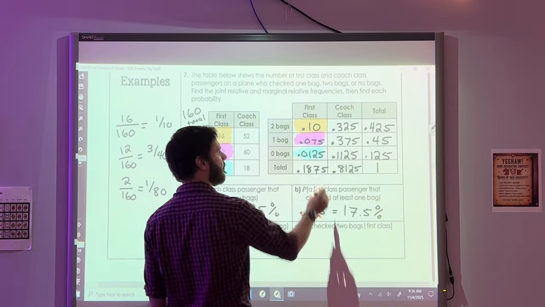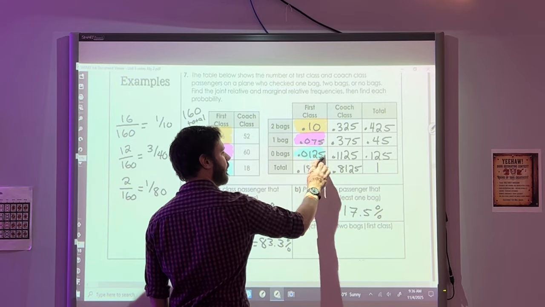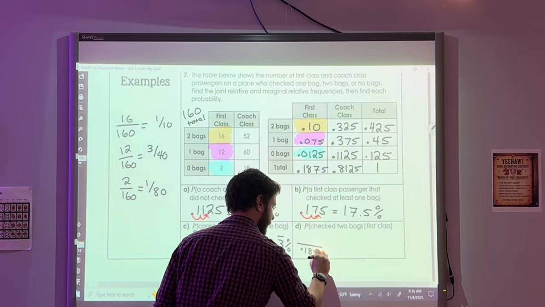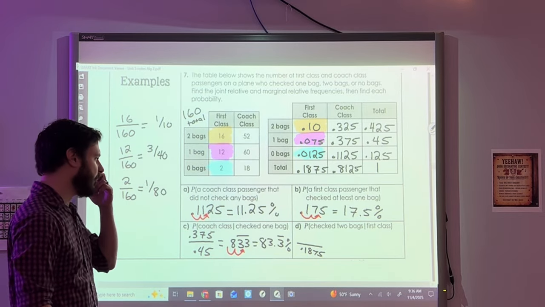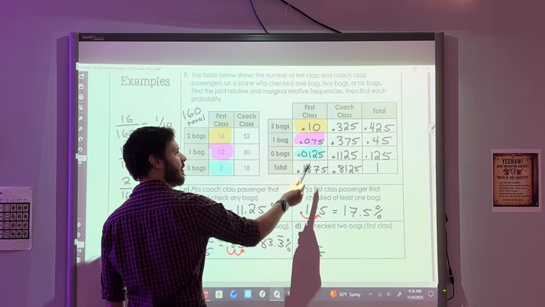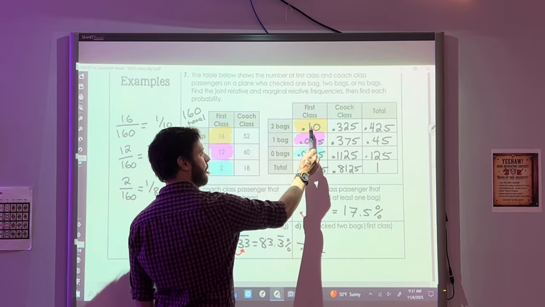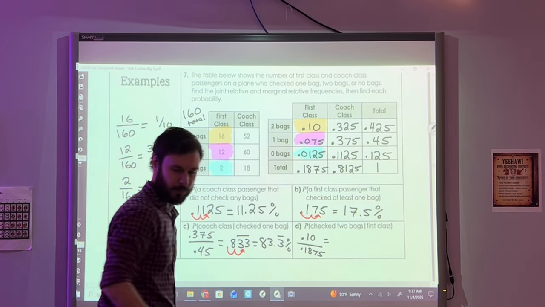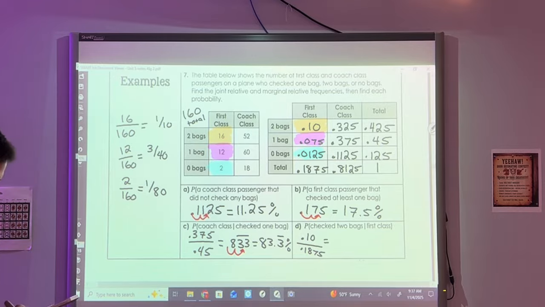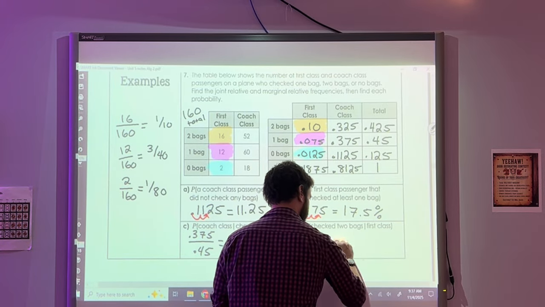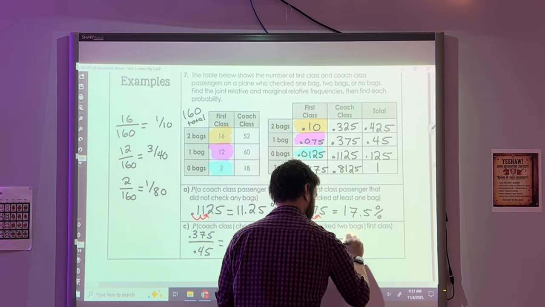And then our last one, checked 2 bags, given that they are in first class. How many first class people, how many rich people do you have on the plane? 0.1875. And of the rich people, oh, they had 2 bags. They lived a good life. They're first class and 2 bags. Of these first class people, 0.1. Okay, calculator, help me. 0.533 repeating.